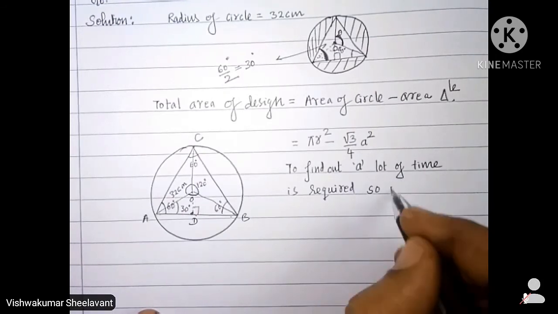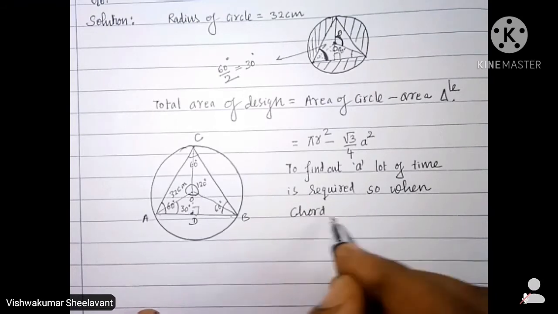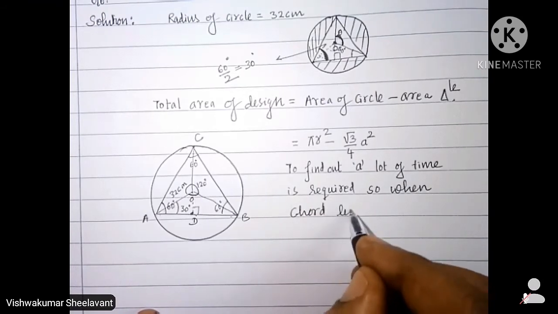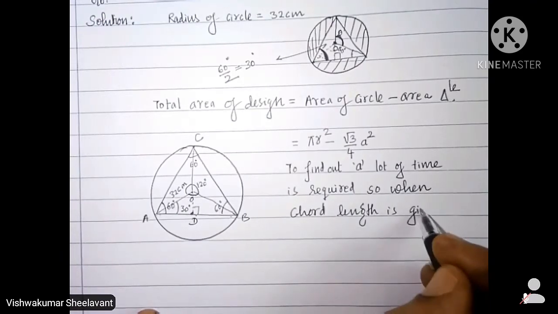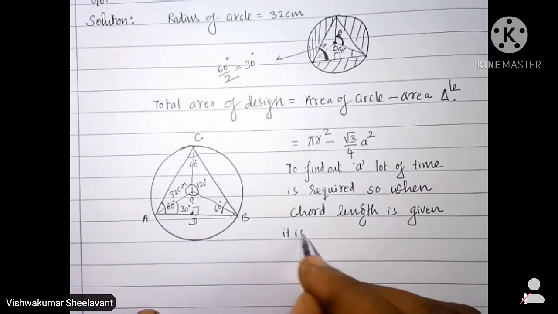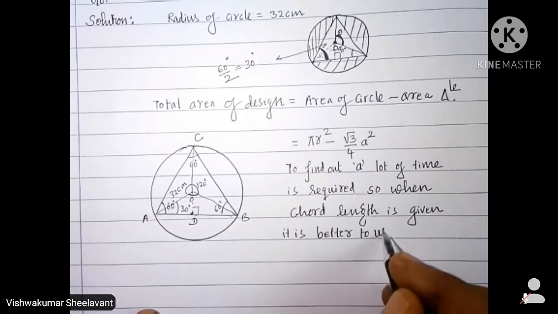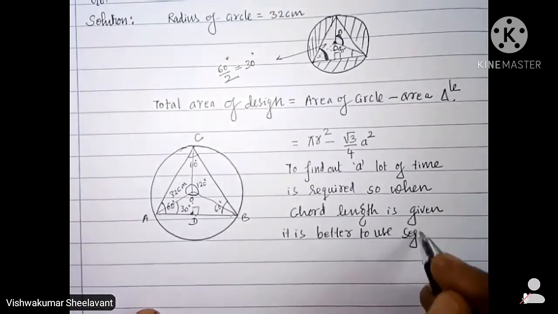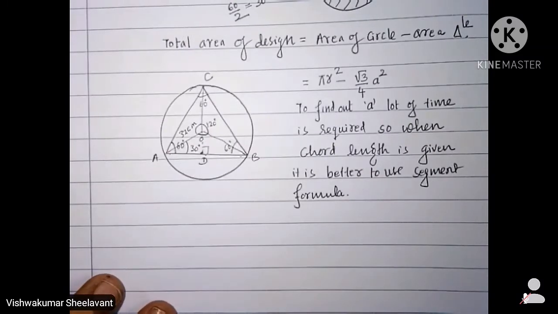So when the chord length is not given, it is better to use the segment formula.